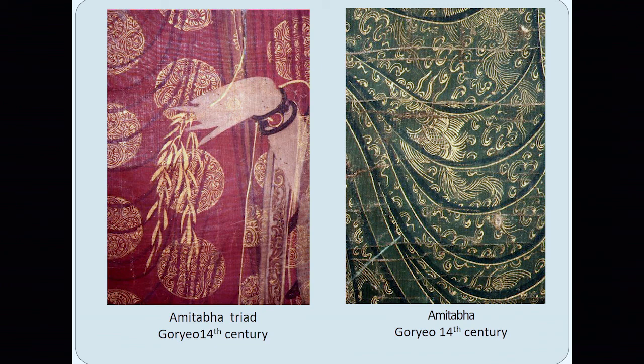Let's examine a few photos to get an idea of how effectively the gold is used in Goryeo Buddhist paintings. Here we're looking at two details from two different paintings of a Buddha's robe that is painted in red or green, and then the patterns of the folds of the robe are drawn in gold pigment, as well as the pattern of the garment itself.